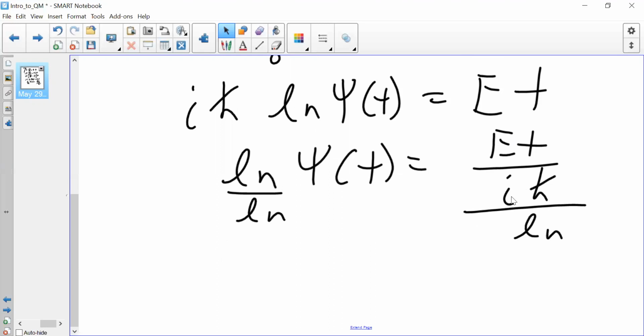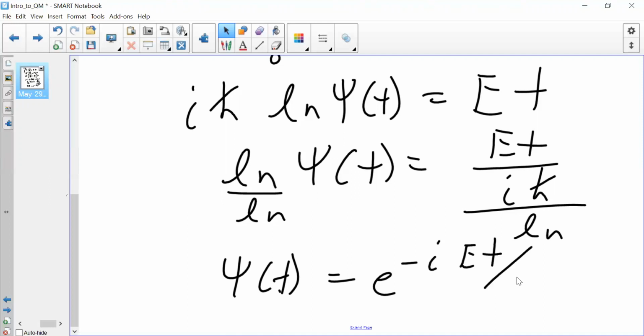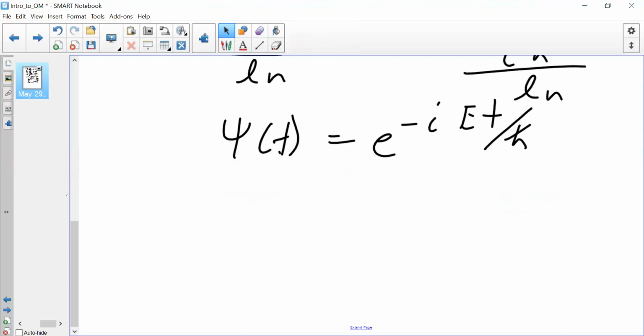Since we have this i component, basically E t over i h bar, we can represent that in a more succinct way. So 1 over natural log is just e, and this 1 over i can be expressed as e to the negative i E t over h bar.